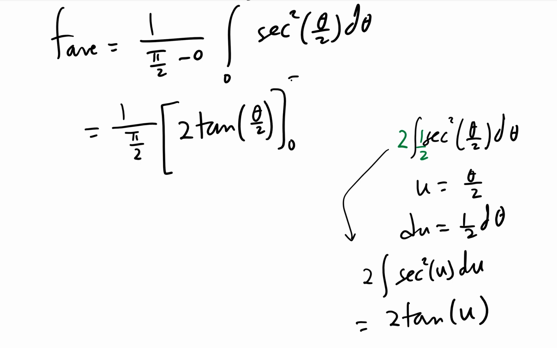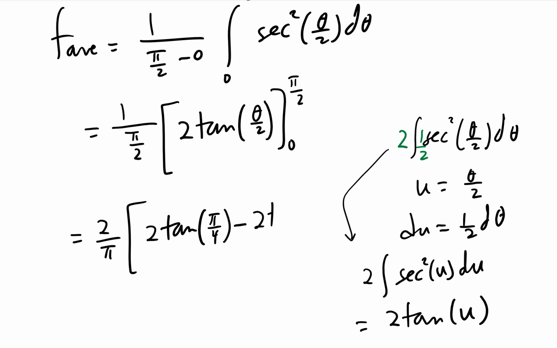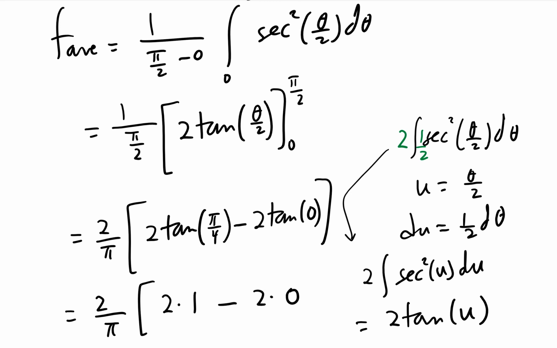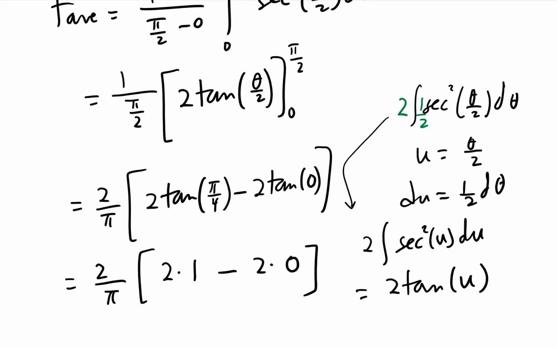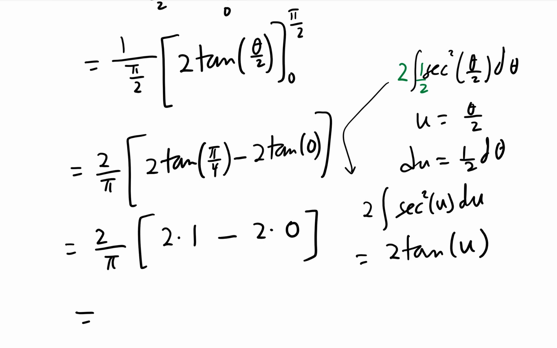That is 2 over pi, times 2 tangent of pi over 2 over 2, pi over 4, minus 2 tangent 0. Tangent pi over 4 is 1, minus tangent 0 is 0. That will give me 2 times 2, 4 over pi.